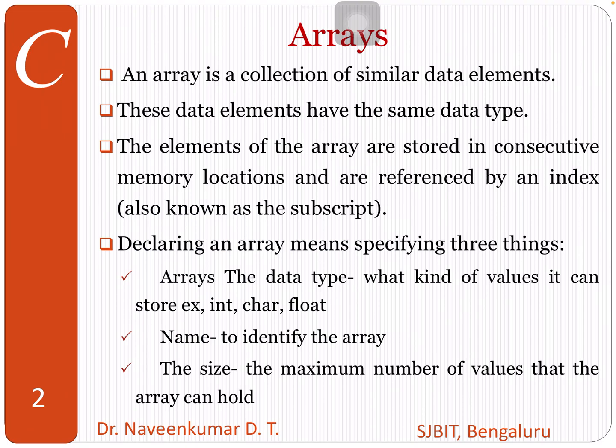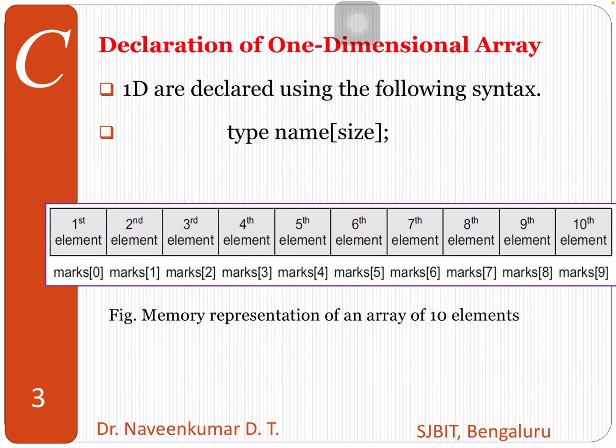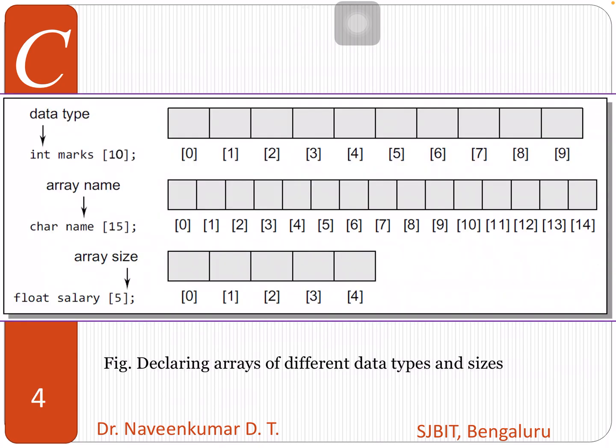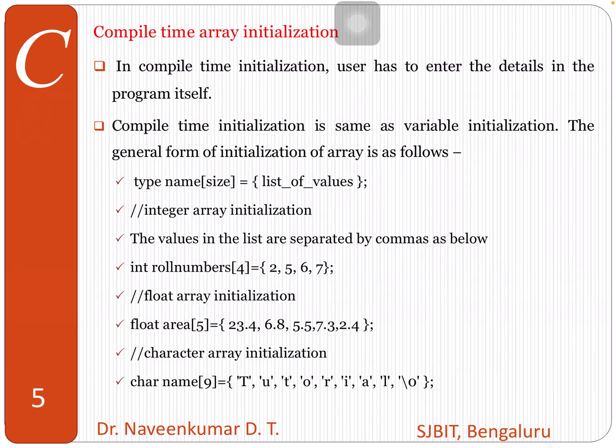When we are declaring an array, three things we must declare: the data type of the array, the name of the array, and the size of the array. And this is how the memory representation of an array looks. These are different examples where we saw how the memory is represented, for arrays of different data types and sizes, along with their memory locations.